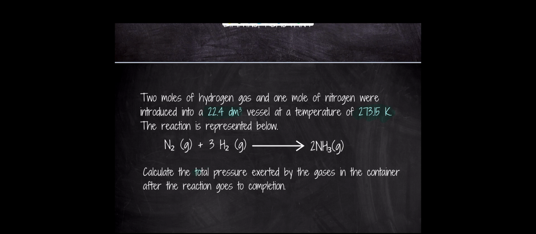They ask us to calculate the total pressure exerted by the gas in the container after the reaction goes to completion. Now let's take a look at this term, after the reaction goes to completion, because this is a very important term for us to understand what are the elements or compounds that will contribute to the total pressure.